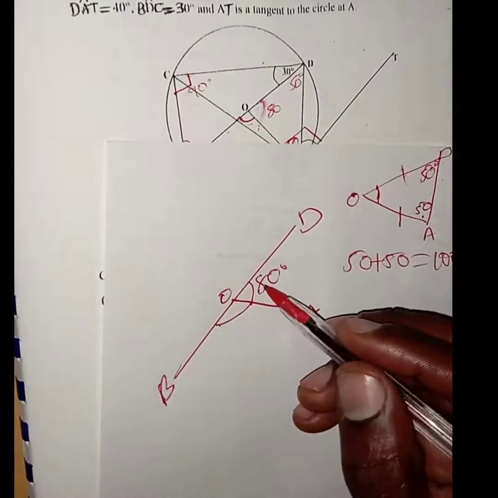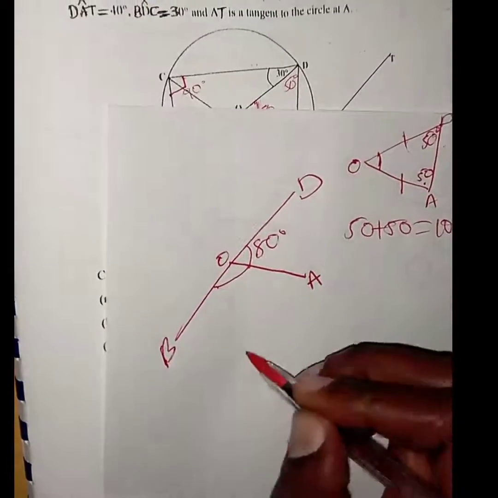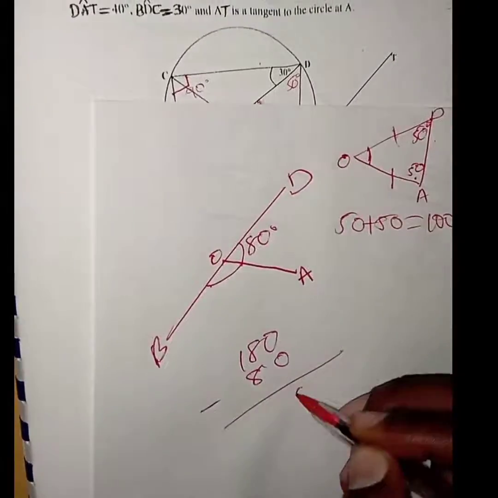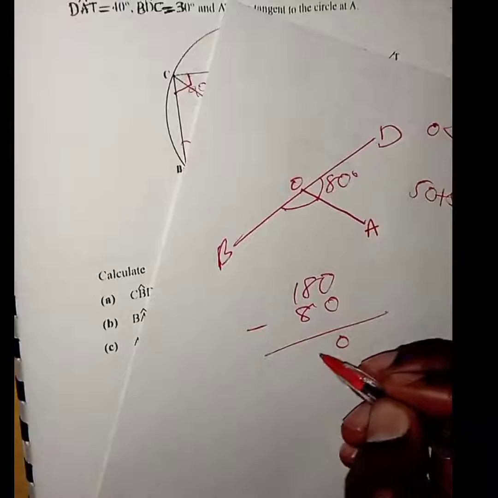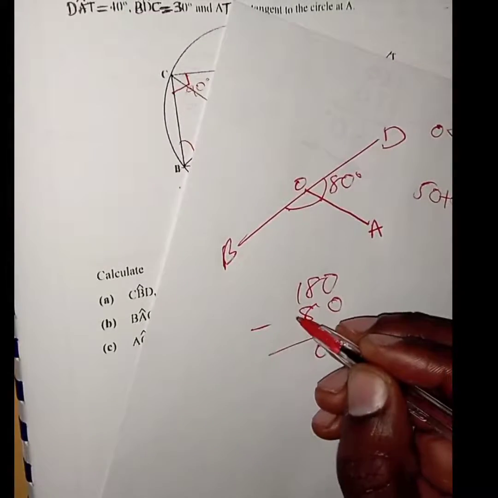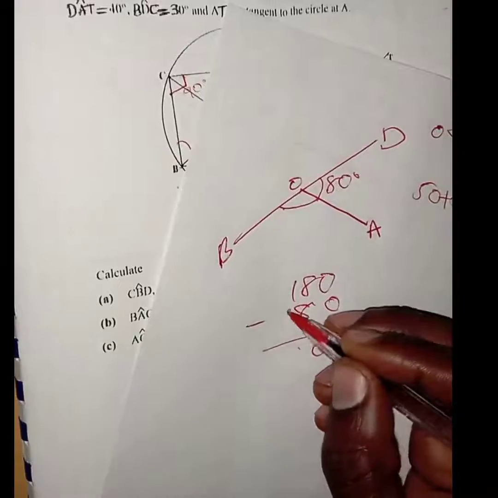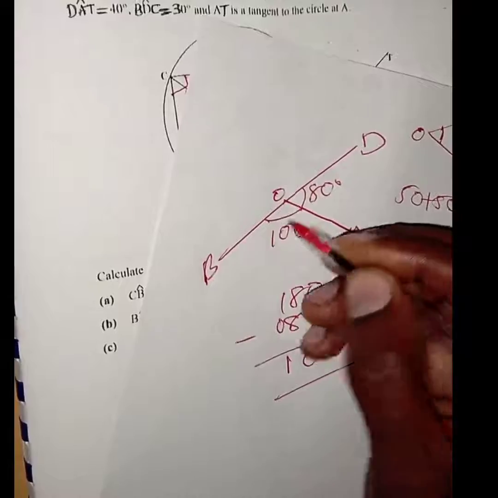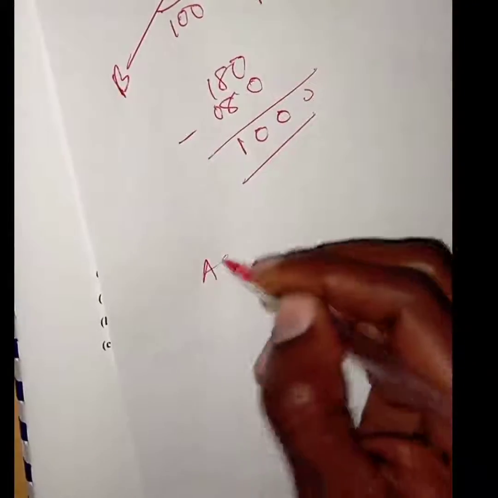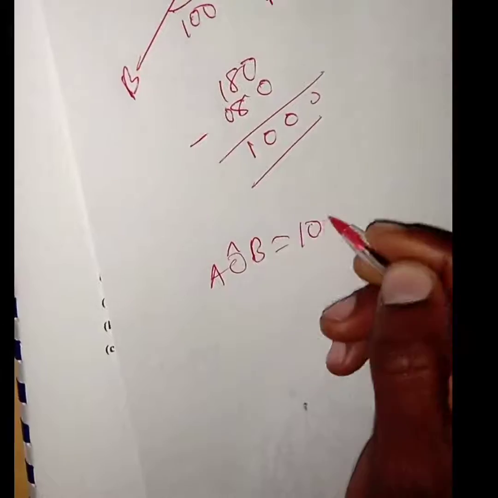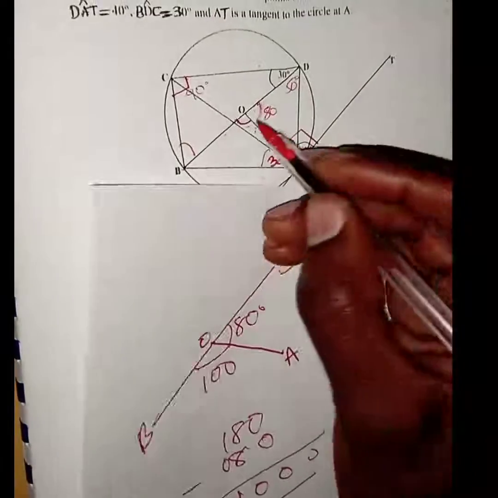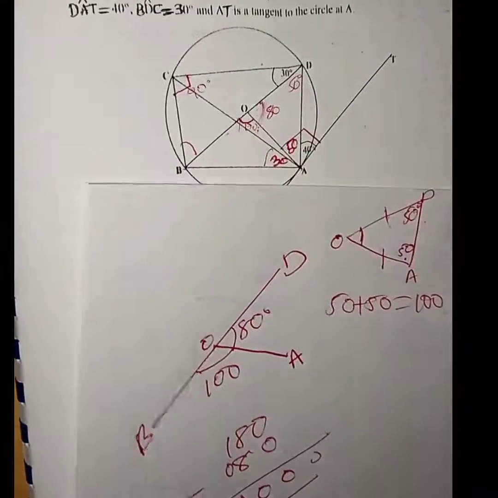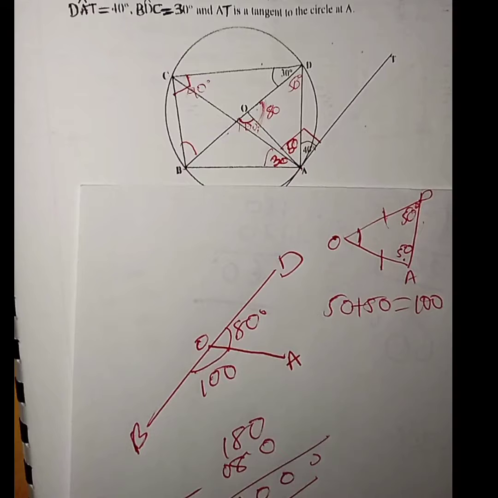So you do 180 minus 80 degrees. 0 minus 0, 0; 8 minus 8, 0; 1 minus 0, it is 100 degrees. So AOB is 100 degrees. This angle here is 100 degrees, right? This is what you are supposed to do.